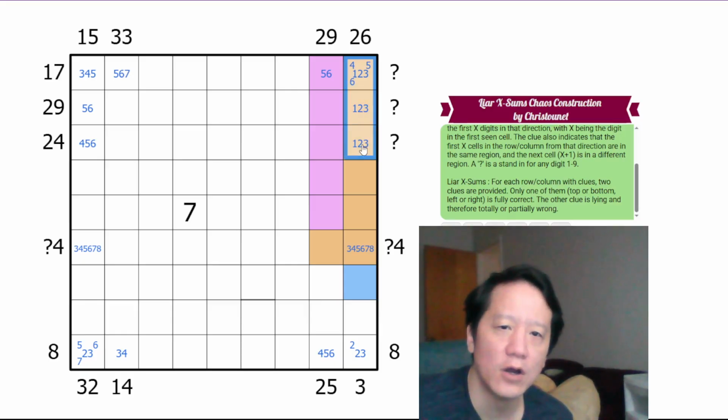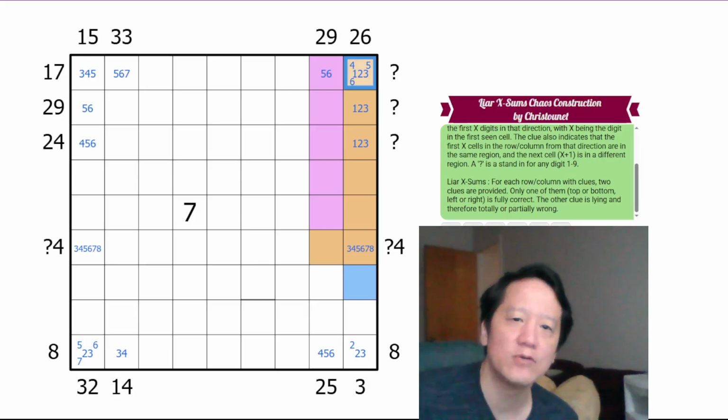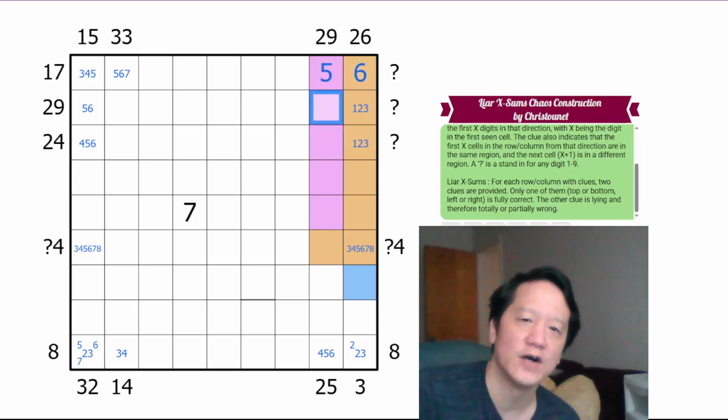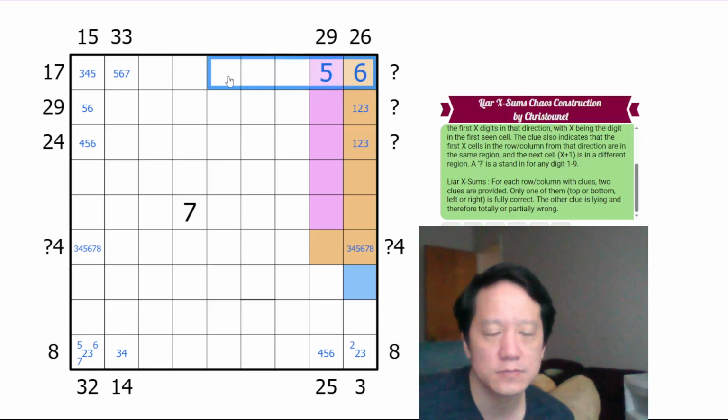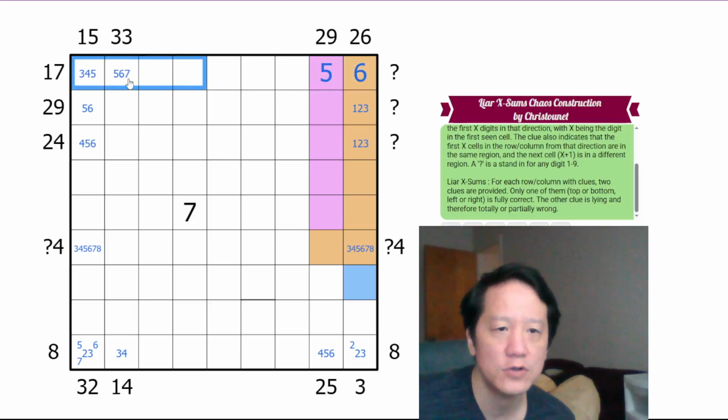How would that... Oh, no, this could not... So... Interesting. So then this... How would that work? This is 6, this is 5. So obviously this is not truthful. So since this isn't truthful, this must be truthful. So this must be a region. And no 6 here.